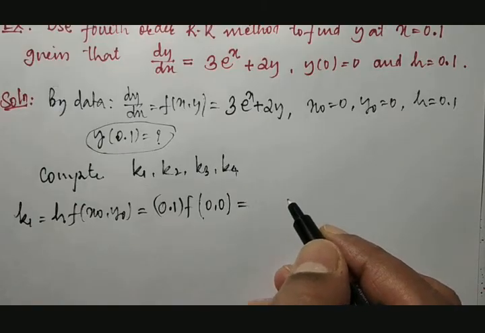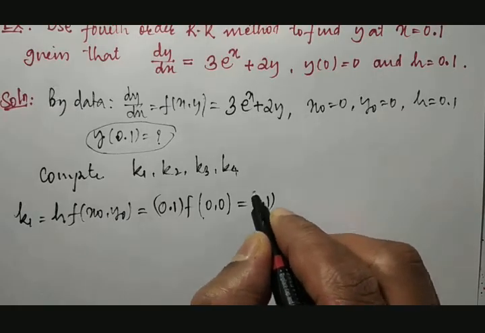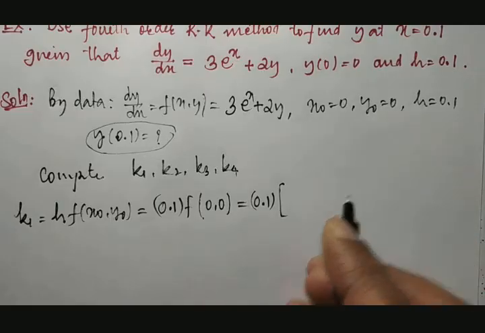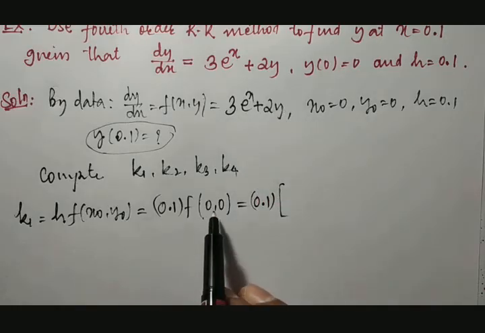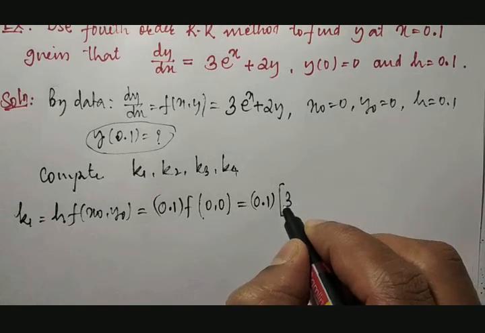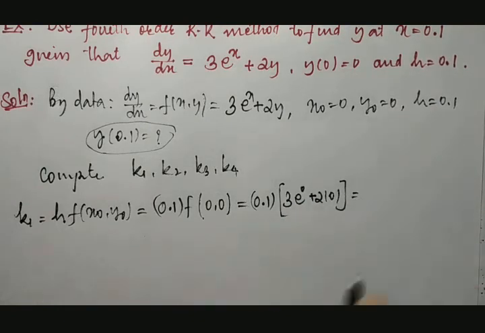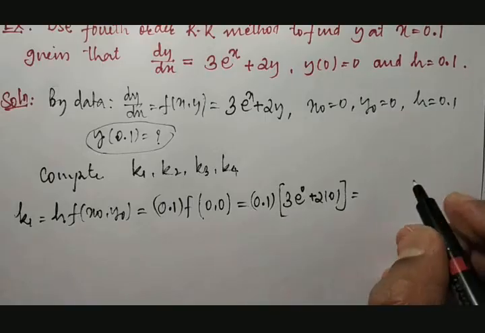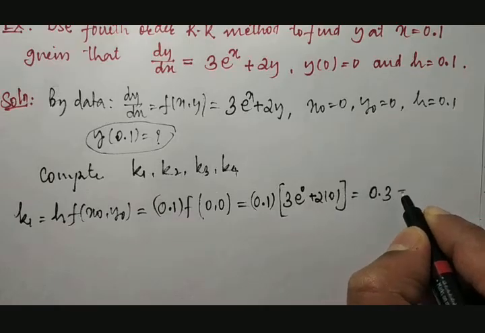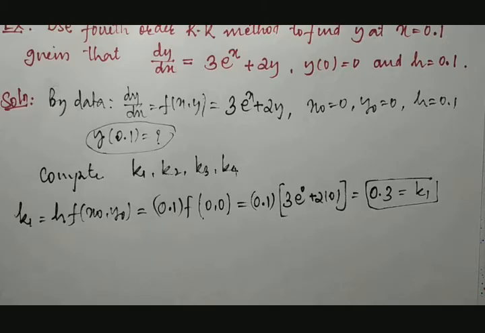So it is 0.1 into the functional value, 3e^0 + 2 into 0. e^0 is 1, so 3 into this is 0.3, which is equal to k1. Means the value of k1 is 0.3.